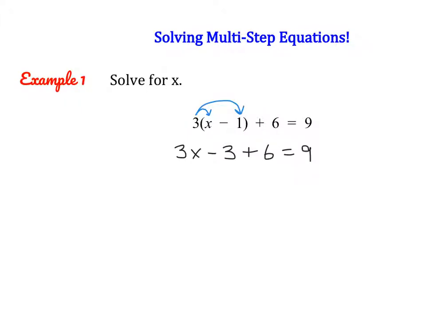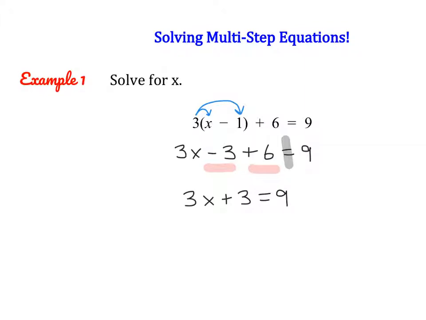When I have two terms that are on the same side, that are the same type of term, like negative 3 and 6, I'm going to combine them into a single term. So if I combine negative 3 and 6, I'm left with positive 3. So all I did here is combine negative 3 and positive 6 to become positive 3. Now our equation is a little bit simpler and easier to work with.